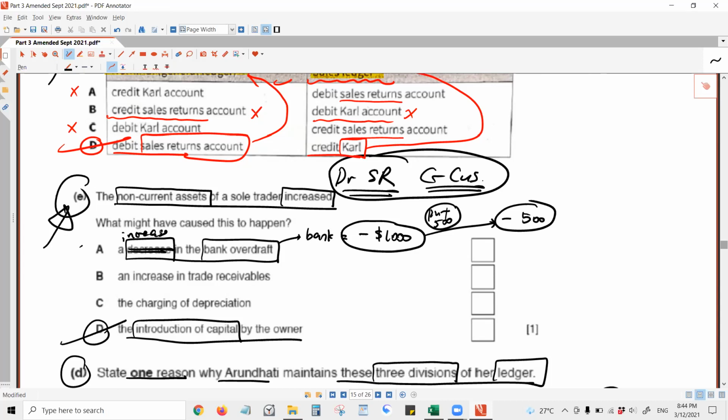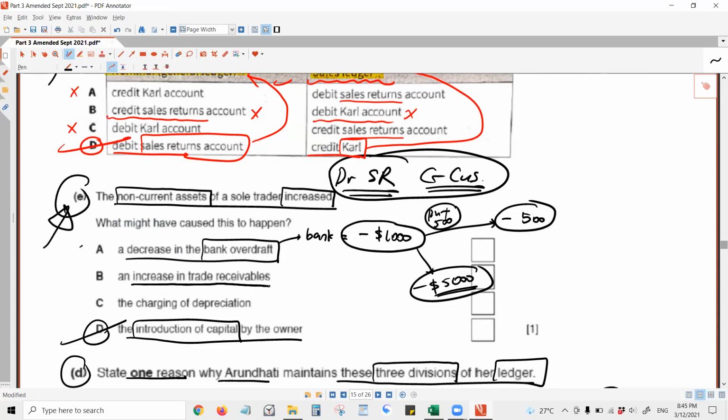And increase in bank overdraft means you take more money out of the bank, it becomes maybe a bigger negative number. So it could mean that you have taken more money out of the bank to go and buy NCA. Okay, you get what I said? If you change this word to increase, then it would become an answer.